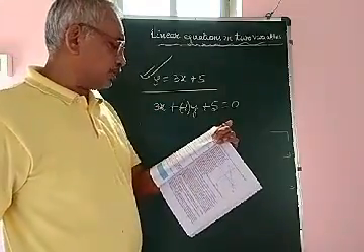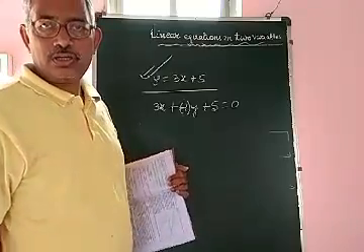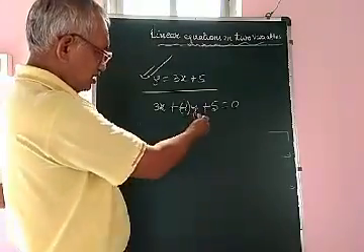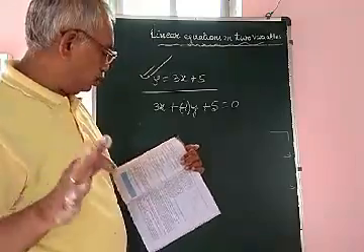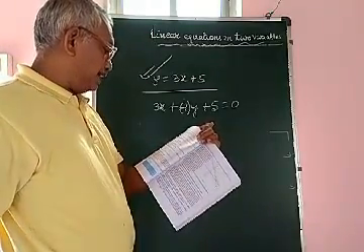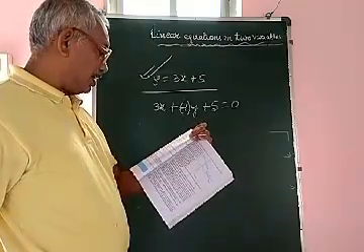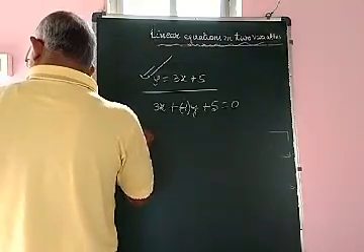Write four solutions for each of the following equations. Four solutions we can find, as we found three solutions earlier. So similarly we can find the four solutions. Question number 4.